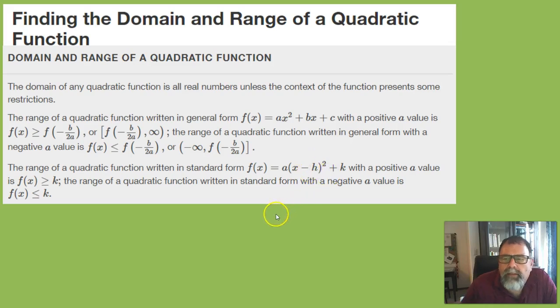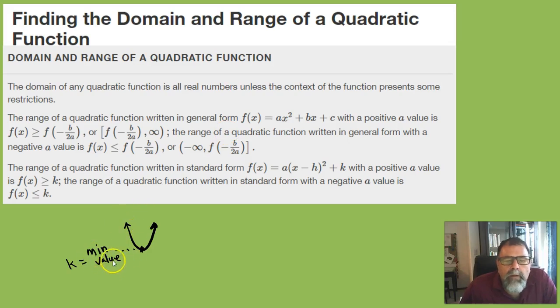So basically, if we have a parabola that opens upward, we know that the vertex is going to be our max or min value. And that's the k value if it's written in the vertex form or standard form, or it's f of minus b over 2a if it's written in general form.